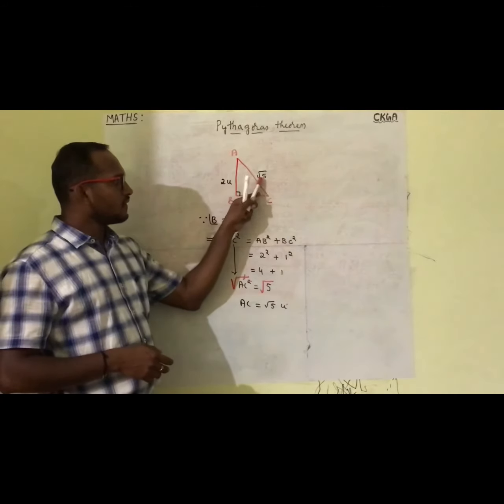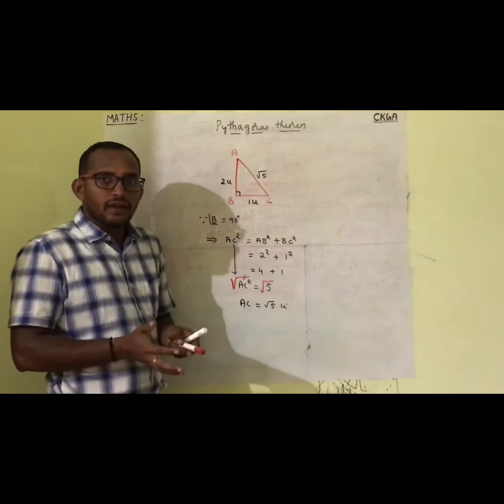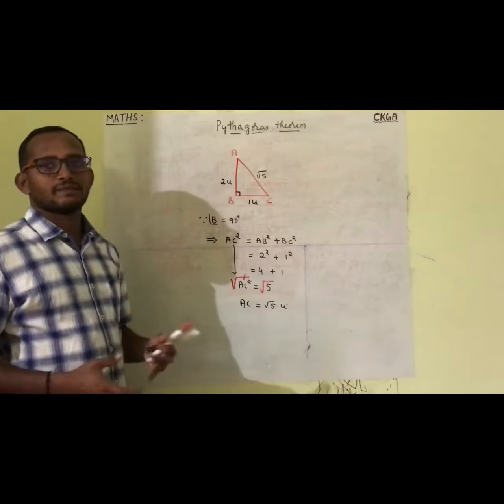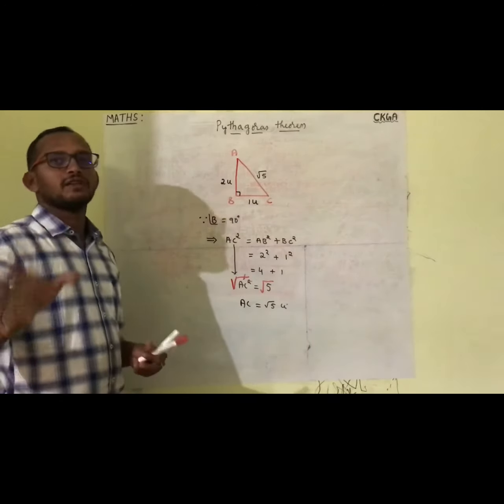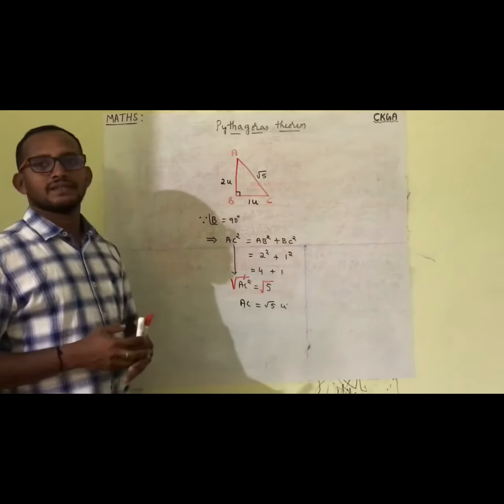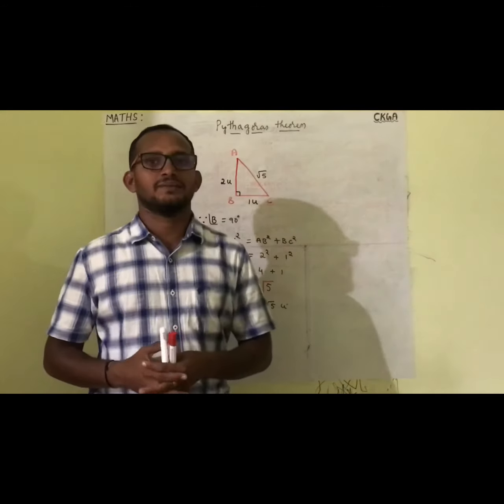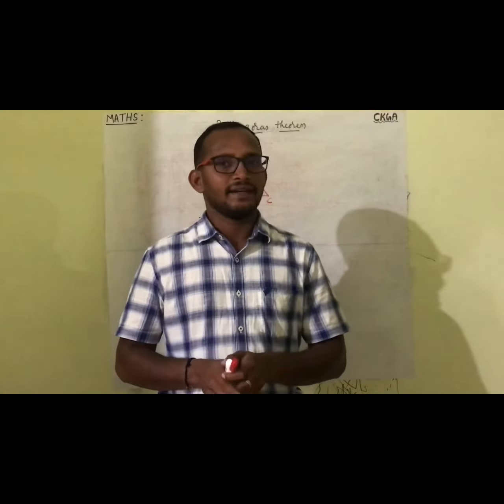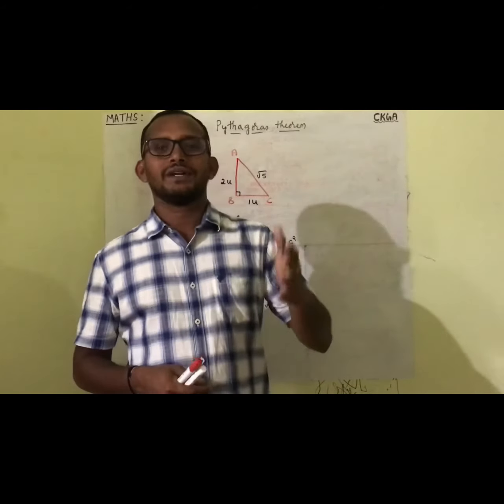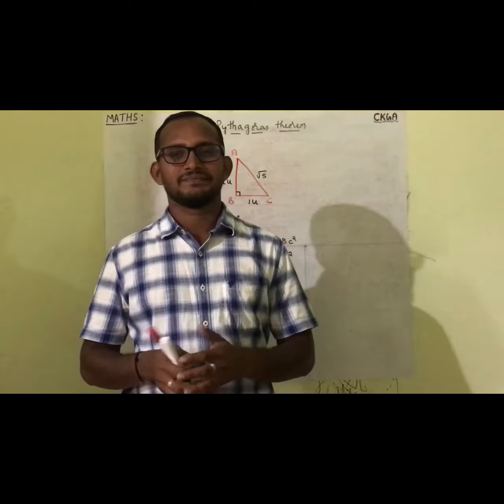If you want to get a root 5 length, you just construct a right angle triangle, which will help you represent irrational numbers on a number line. In my next video, I will tell you how to represent irrational numbers on the number line and also some properties of irrational numbers.